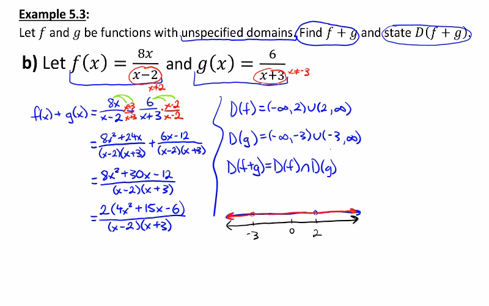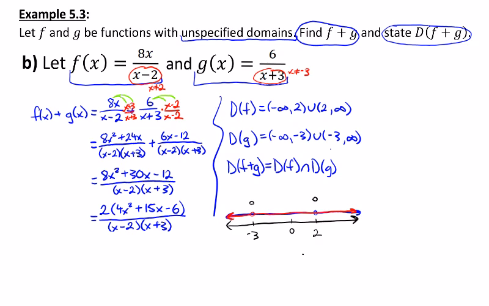Now sometimes it's easier to think about where they don't have overlap, and that sometimes is a smaller list. And in this case, if you think about it like that, you'll notice that there's two values that they don't both have. -3 is not a part of both of them. It's only a part of one of these intervals, and then +2 is also a part of only one of them.